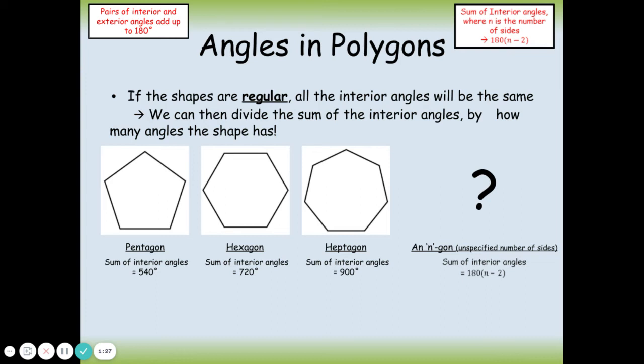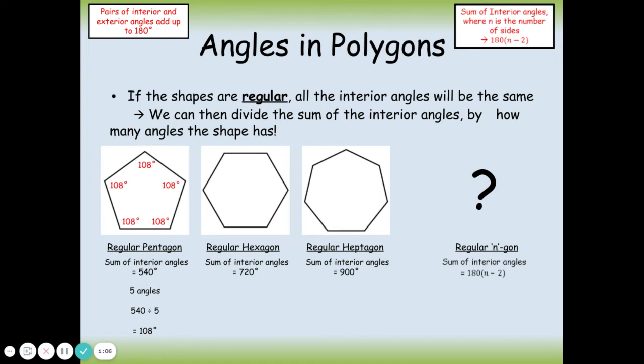If the shape is regular, all the interior angles will be the same, so we can divide the sum of the interior angles by how many angles the shape has. A pentagon has 540 interior degrees, which you divide by 5, giving 108 degrees for each angle.